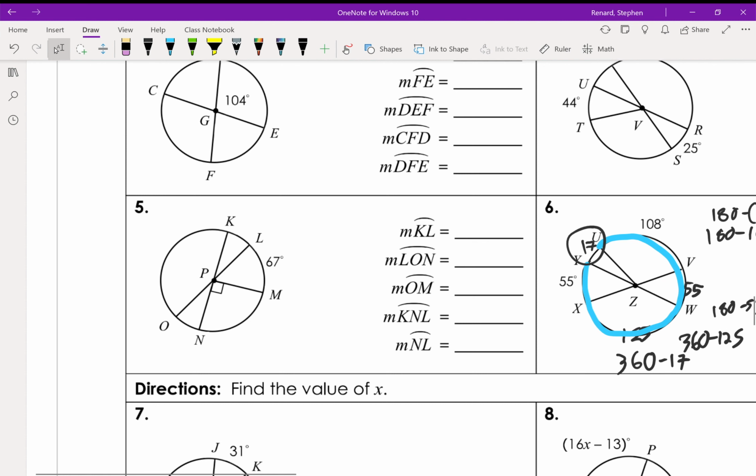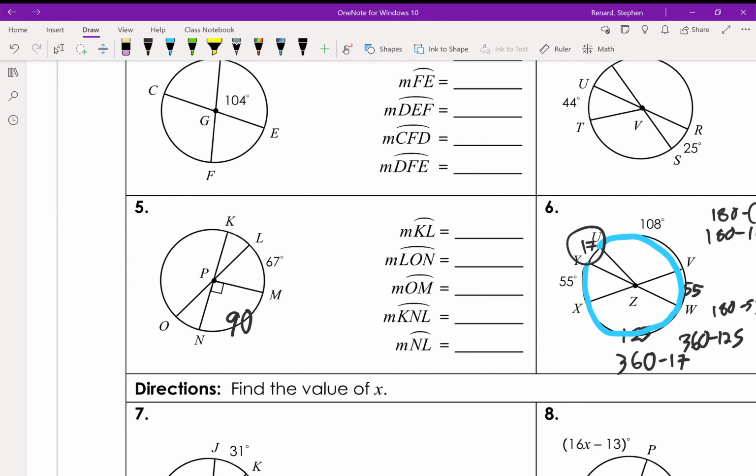Okay, so 5, we know this is 67 right here. Okay, we know that this is 90, and we know that this right here is 180, which means that this piece right here has to equal 90.